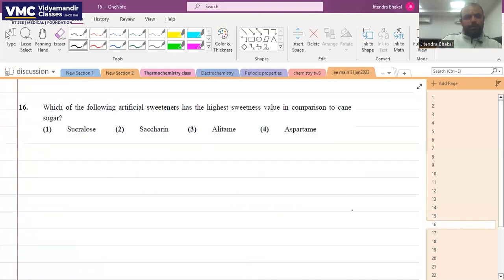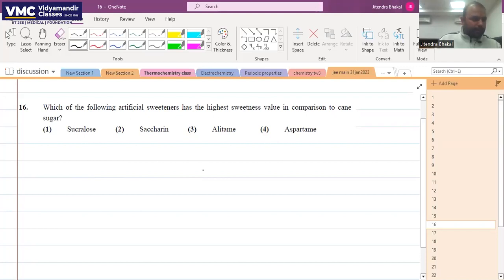Question number 16. Which of the following artificial sweeteners has the highest sweetness value in comparison to cane sugar? Now, among the artificial sweeteners, this one, Alitame, has the maximum sweetness value in comparison to cane sugar.